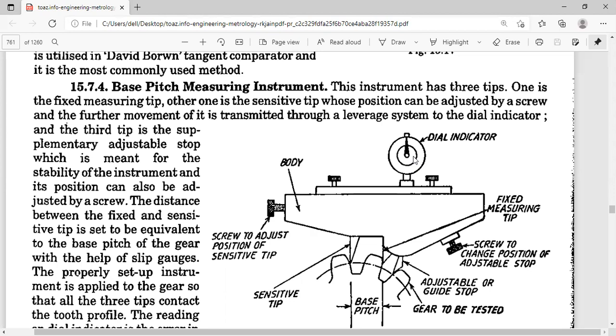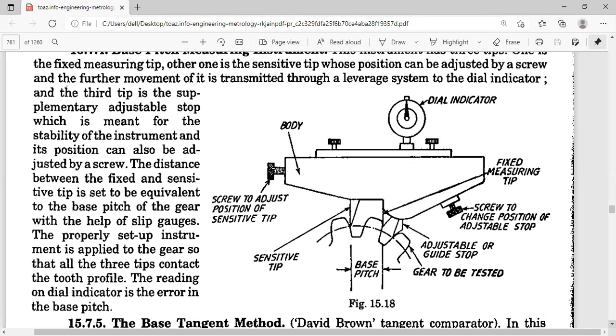So first, you take your drawing and identify the base pitch value in the drawing. Some value will be there. Suppose it is 2.6 mm. You take the slip gauge box and take two slip gauges, 1.5 and 1.11.